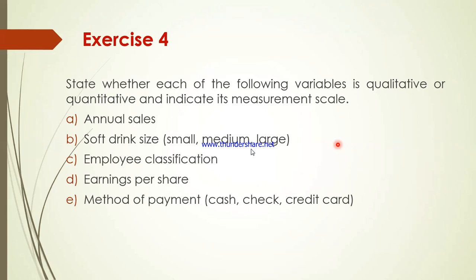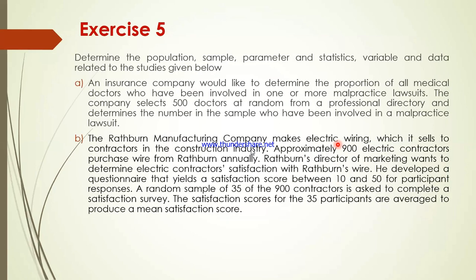This is like how we did the previous exercises. Similarly, you can practice this exercise also. There is not much difficulty in this exercise. Right. Take part A. There are 2 studies given to you.